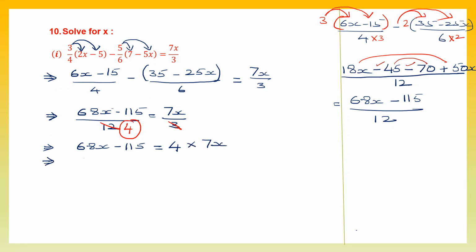So 68x minus 115 is equal to 4 sevens are 28, 28x. So let's bring the x terms to this side. So 68x, and I'm going to transpose this 28x to the other side.